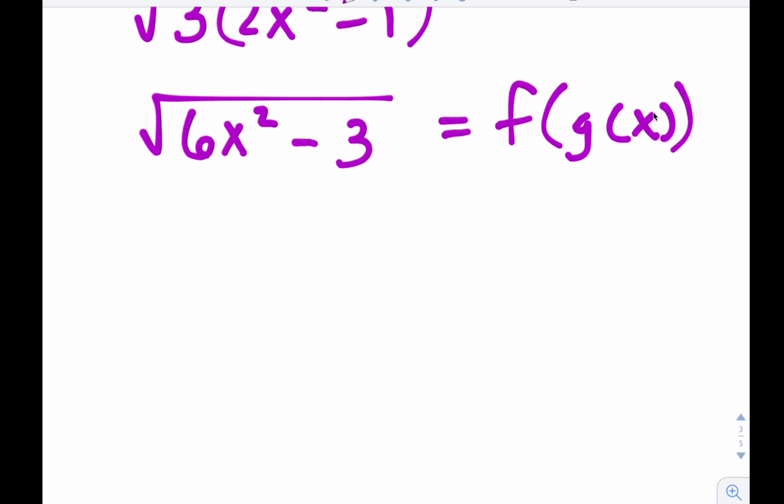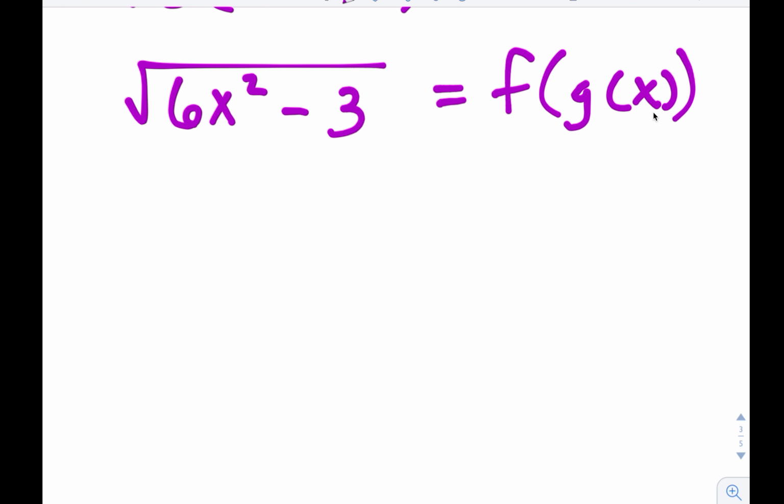All right, now you're probably not going to have one that looks like this on the test, because now you have a quadratic underneath the square root. I'm going to work through it, but you're probably not going to see one on the test on Tuesday that looks like this.